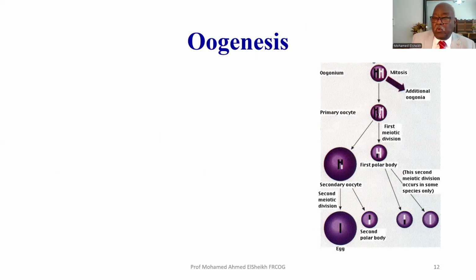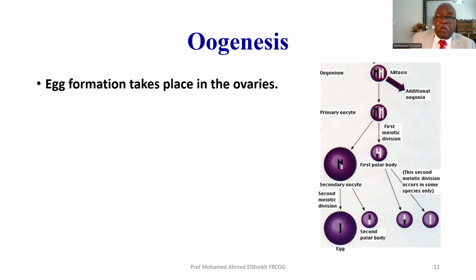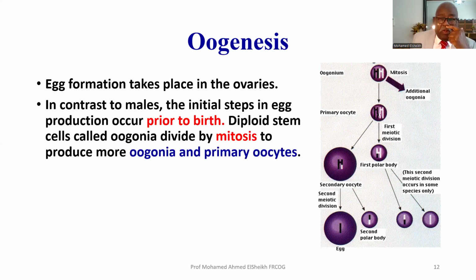So what happens in oogenesis? Egg formation usually takes place in the ovaries, and it starts usually in utero. After delivery, there is no more egg formation. The initial steps in egg production occur prior to birth, where diploid stem cells called oogonia divide by mitosis to produce more oogonia and primary oocytes.